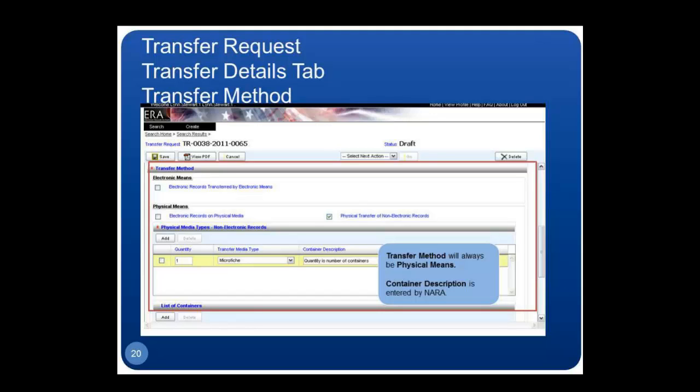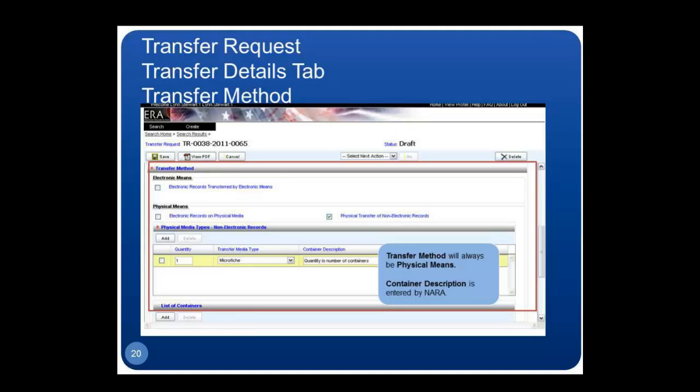After that, you will see physical media type. On the first tab, the General Information tab, there was information about very general record types. Textual records. Again, the vast majority of these are paper textual records. They might, however, be textual records on microfilm. And in this particular example, you can see that we have indicated that this transfer is a single box of microfiche.